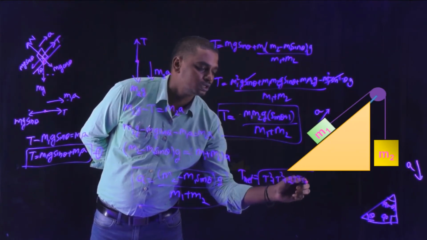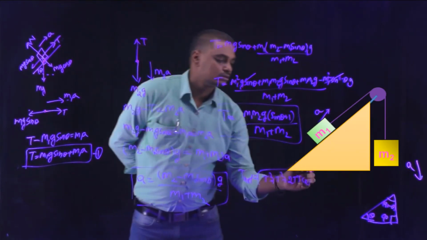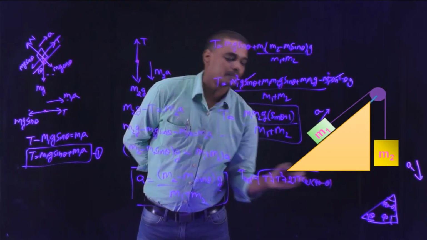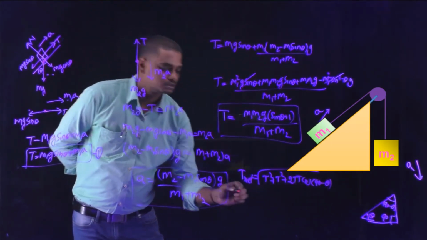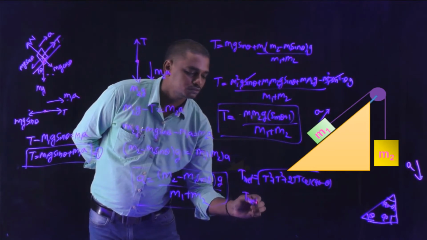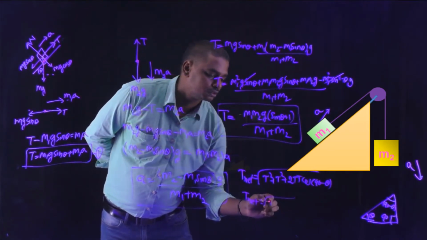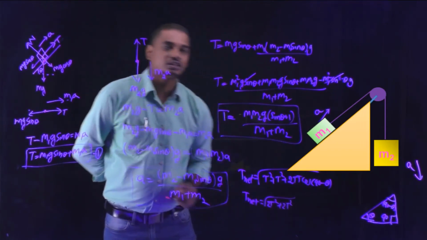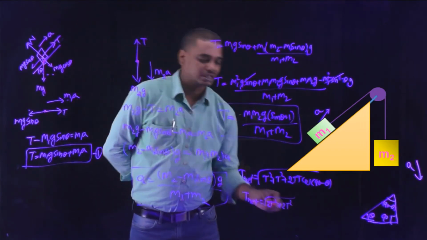So the net resultant tension, T net, is equal to root over T square plus T square plus 2T into T cos theta, where the angle here is 90 minus theta. So T net is equal to root over 2T square plus 2T square into cos of 90 minus theta, which is sin theta.